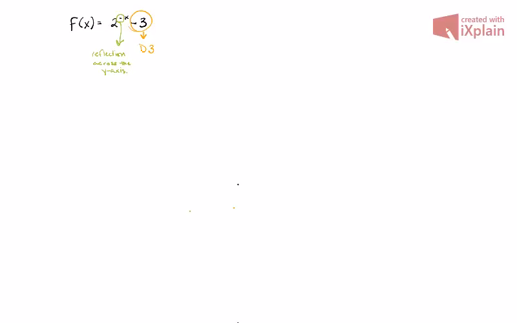So one of the first things we want to do is strip away what we have transformation-wise, and note that our parent function is 2 raised to the x. That's going to make it a little bit easier for us to create a table of values.